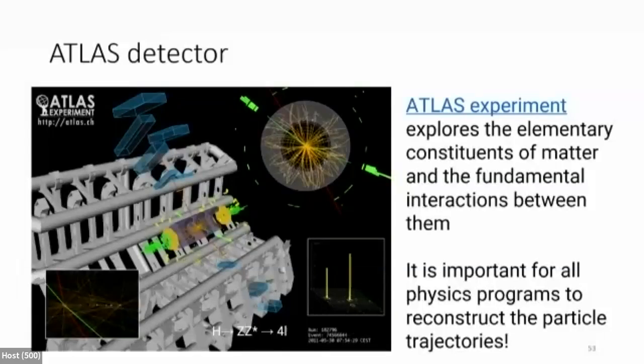If you look at these red lines, those are muons. Muons don't interact much with our detector. They mostly escape, but they leave a track in our detector. That's how we know it's a muon. And in the innermost part, you have these yellowish curves. Those are trajectories left by the charged particles. And you see that there are many such curves.